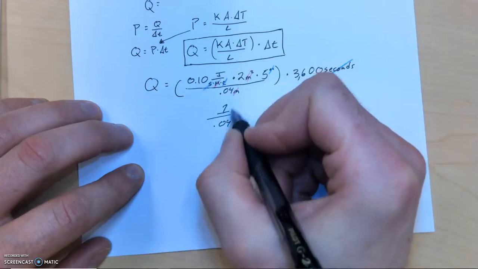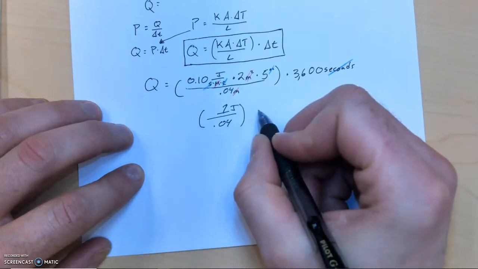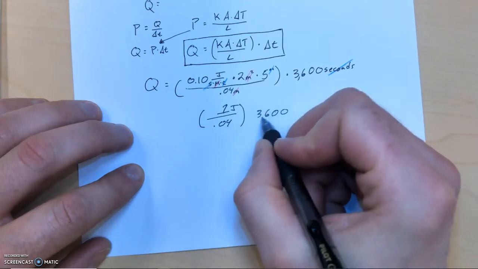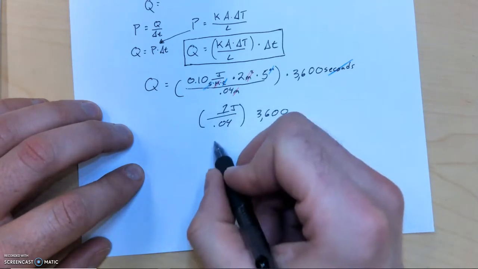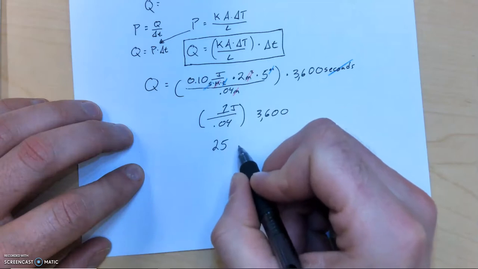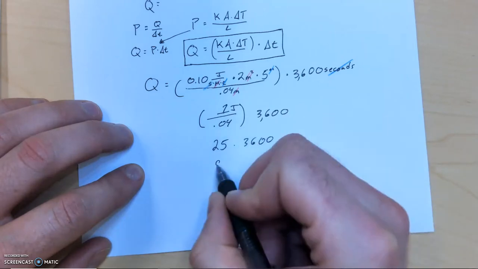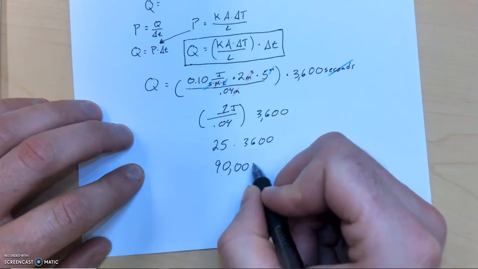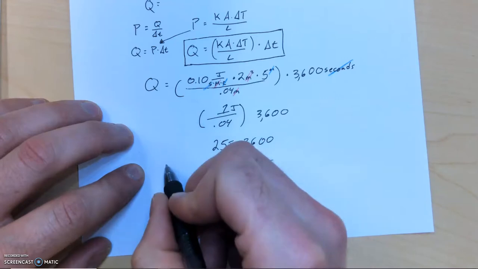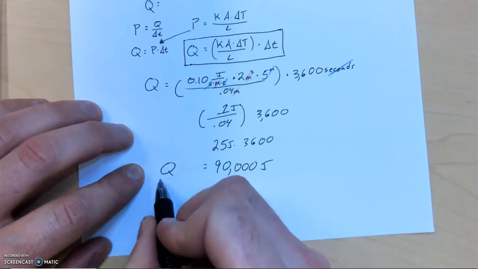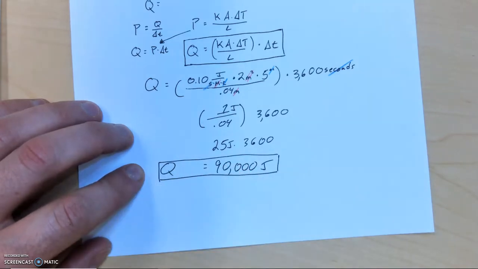That's actually got to bring down the joules. And that's going to get multiplied by 3,600. All right, multiply this out, or divide this out, sorry. You're going to get 25 times the 3,600, and we end up with 90,000 joules. And that's going to be equal to our Q. So that's how much energy is going to pass through that wall in 1 hour.